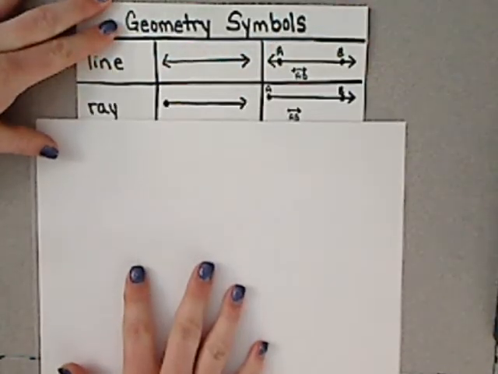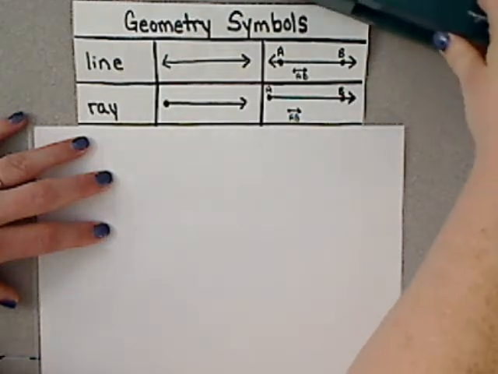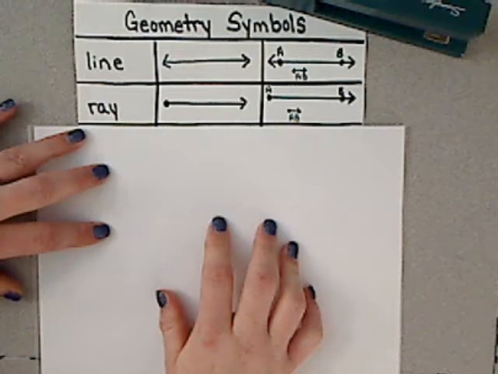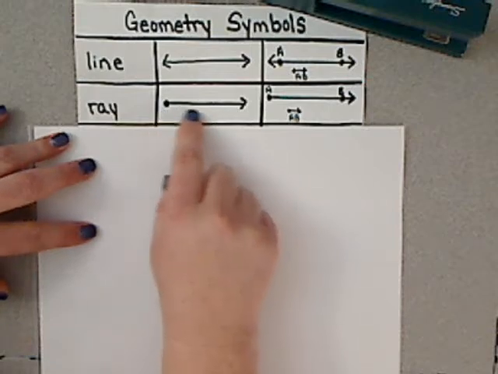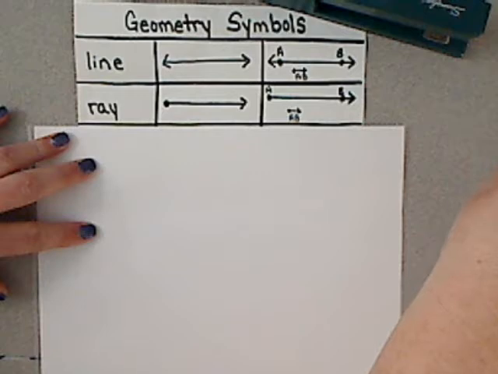All right, our next symbol is talking about rays. Now, with rays in geometry, it is going to be represented by a specific point where the ray begins, and then a line with an arrow at the end that shows that it is continuing into infinity in one direction.